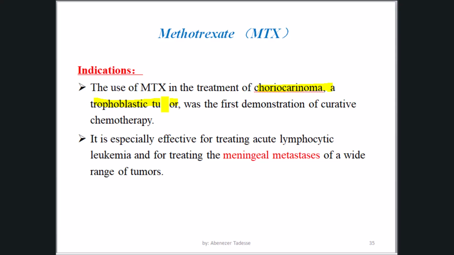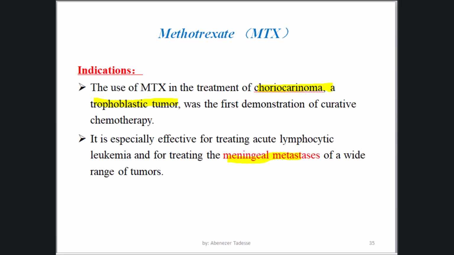Methotrexate can decrease the blood supply through the placenta to the fetus, and that can increase expulsion of the fetus. Another indication is meningeal metastasis, where methotrexate can be largely used.